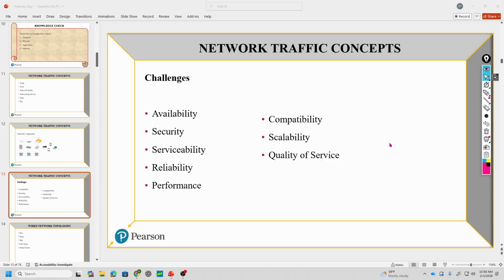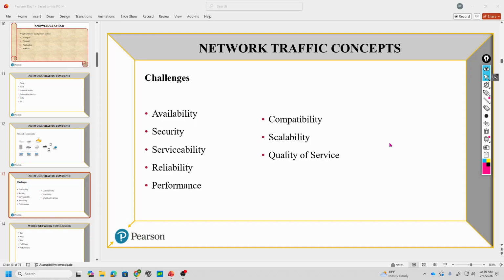So when I think about scalability, especially in terms of networking devices, 3 years from now, if I need to purchase a new switch to extend the network, will it plug in and be compatible with what I already have? Or do I need to replace all of it?